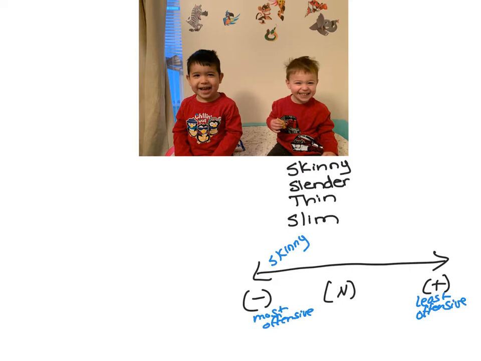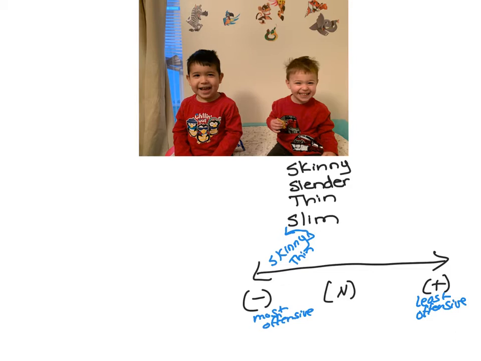So I would have put most offensive as skinny. Same thing with maybe thin. It would be closer to skinny on there, almost maybe interchangeable. Because when you say, Miss Smith, you've got Riley kind of thin there. No, he's not thin. Again, the picture that comes to mind is someone who doesn't feed a child. And so those two words, the connotation is very negative because it's almost insulting.